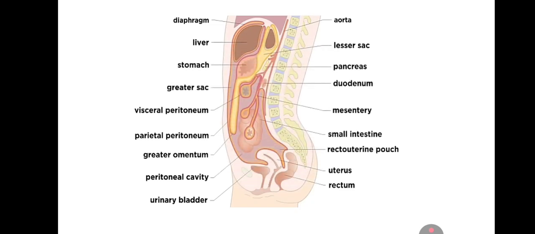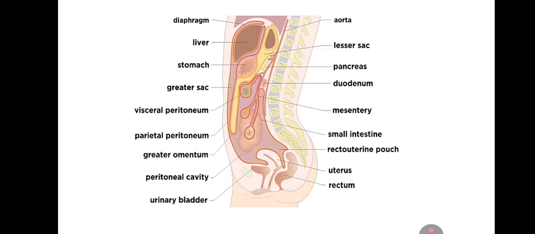Now let's take a closer look at some of the organs in this digestive system. Most of these organs lie in the abdominopelvic cavity. Here you can see that the peritoneum is the membrane of this cavity, and it's divided into the visceral peritoneum and the parietal peritoneum lining the body wall, with the peritoneal cavity in between.